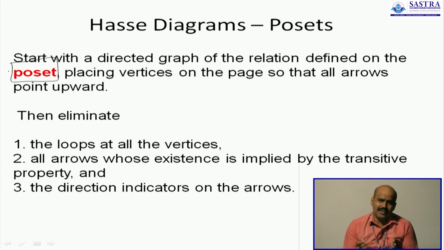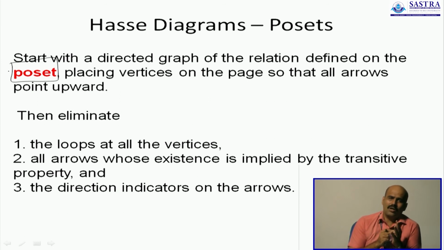Now on the next screen I'll give you an example, and thereby you will see how simple and efficient the representation has become. Right from what we had as a set notation to a matrix notation and to a digraph notation, comparing all these, you will see that representing it through a Hasse diagram is probably the most efficient method of all.